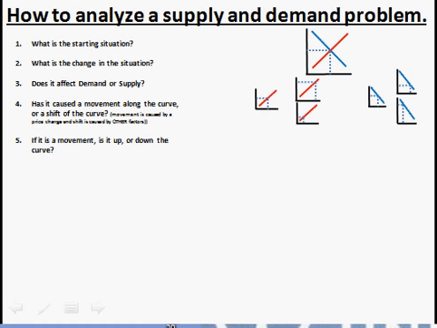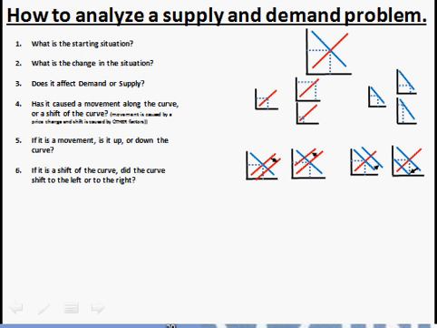Now, if the situation, instead of presenting us with a movement, gives us a factor that causes us to recognize that it is a shift in the curve, remember, we've already determined whether we're talking about supply or demand. Now we've determined that it is a shift in that curve.